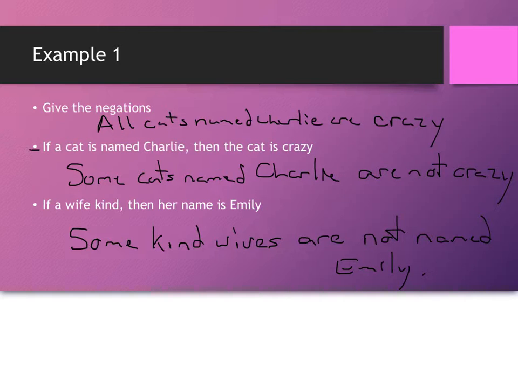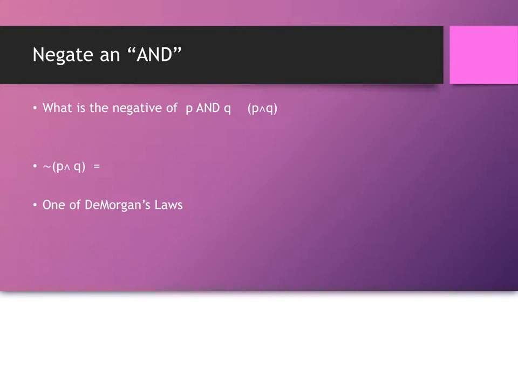All right, so some are not. This if-then statement is essentially saying all are. So we're saying some are not as the negation. Now, so we've negated an if-then statement here.